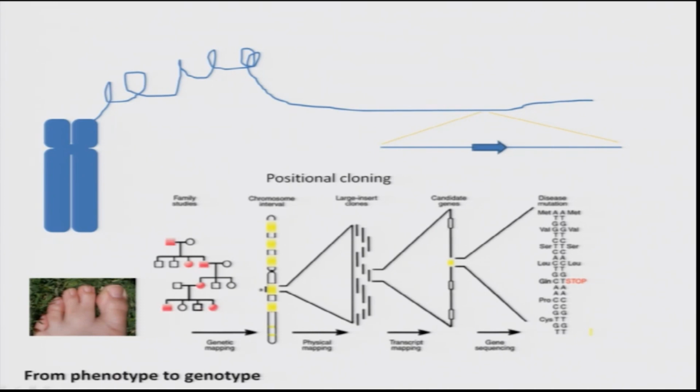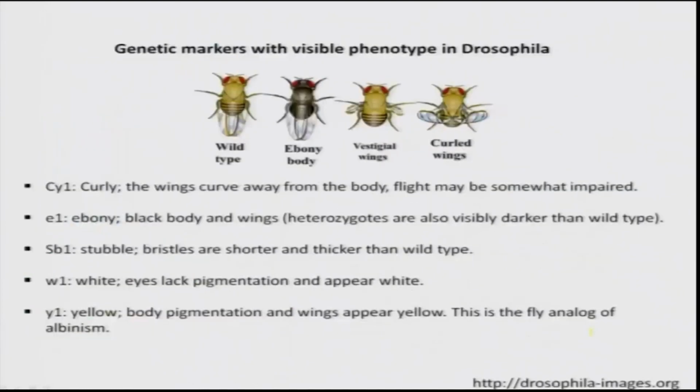You look at individuals that have some variation and go and look at what is the gene causing that phenotype. That is called phenotype to genotype, and a very similar approach is used in classical genetics in, for example, Drosophila. This is wild type, meaning a normal fly, but you could have variants of genes which give distinct phenotypes.